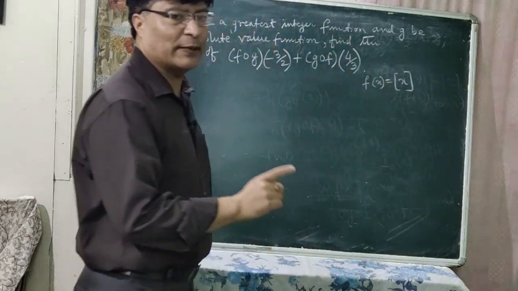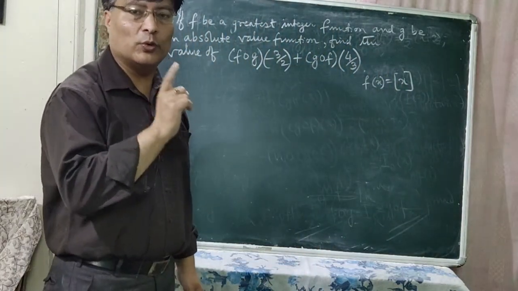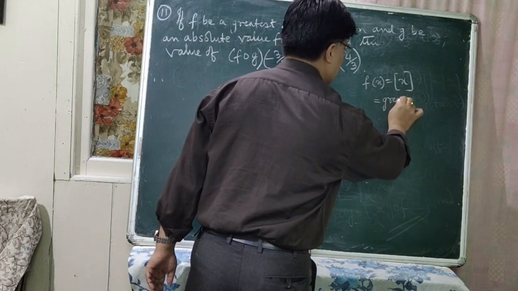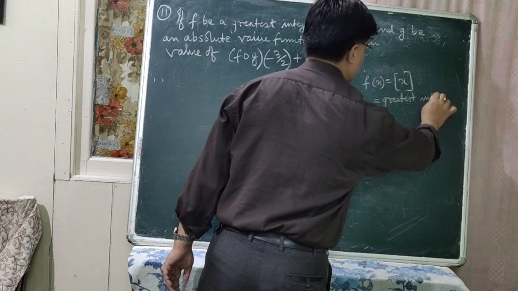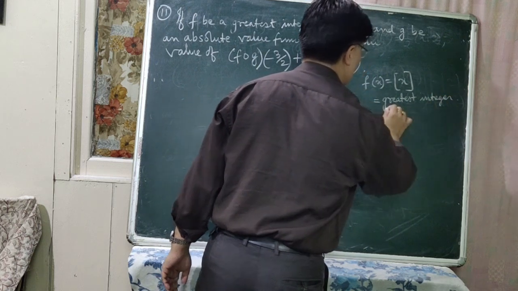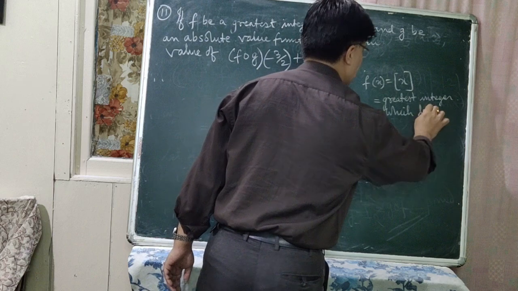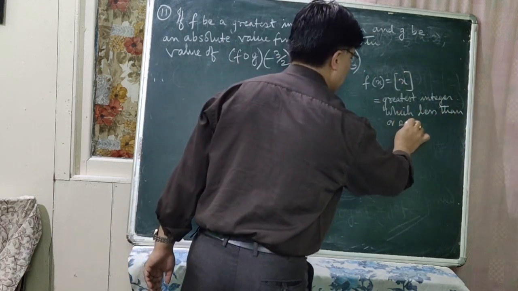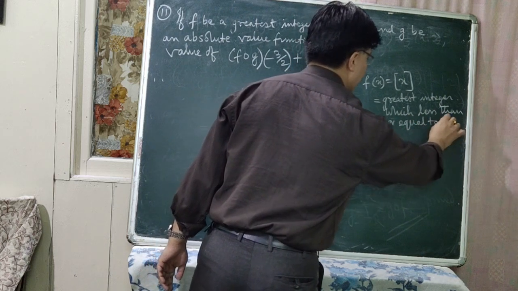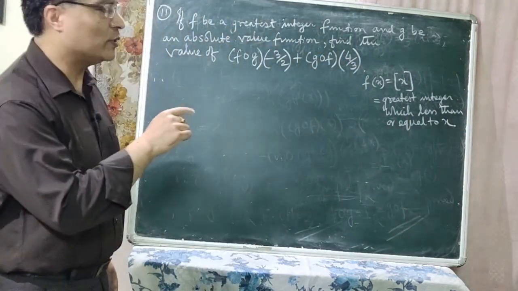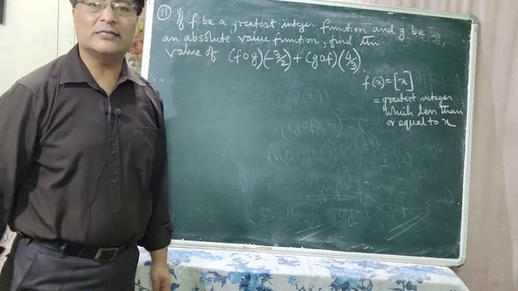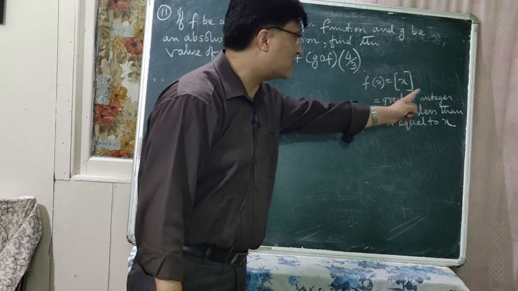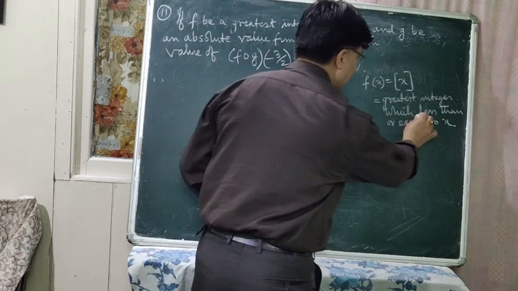Within third bracket [x] means the greatest integer which is less than or equal to x. F of x is equal to [x], this is the greatest integer function. So what is the meaning of greatest integer function?